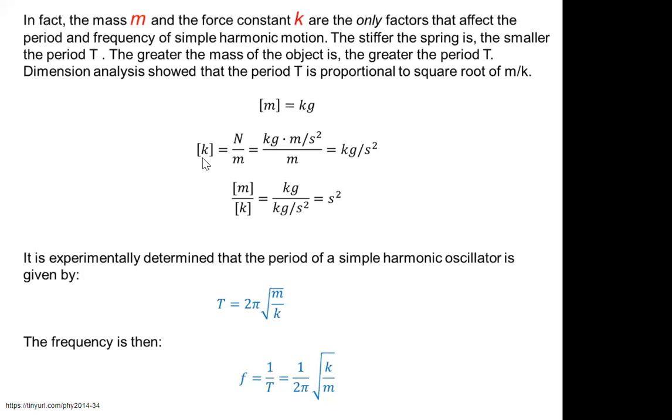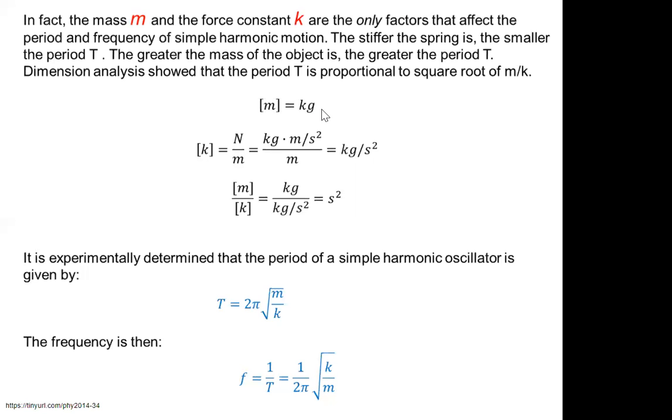For the force constant, it has a unit of newtons divided by meters, where newtons is equivalent to kilogram times meters per second squared. That's from Newton's second law, force equals mass times acceleration. So in that case, you can see the force constant K should have a unit equivalent to kilogram divided by second squared, right?